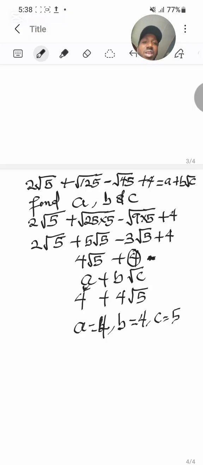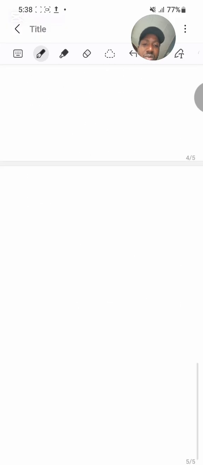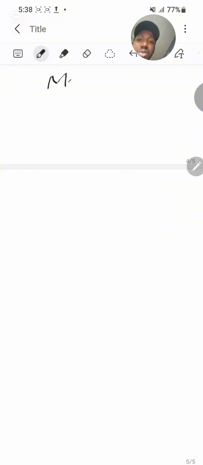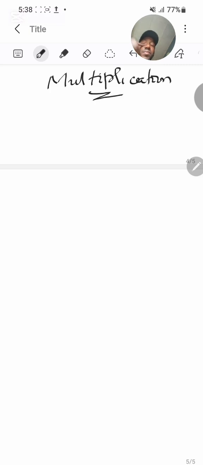So straight away, let's go into multiplication of surds. How to multiply surds together. Okay. Now, if we want to multiply surds together, let's just take some principles that guide it.